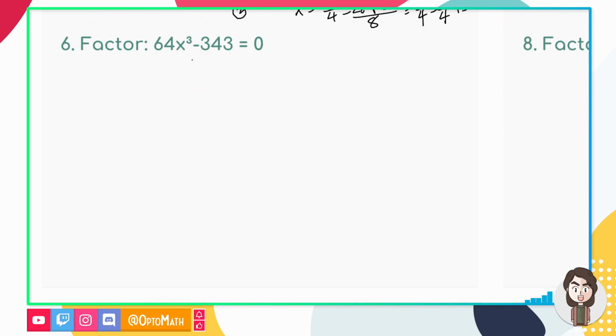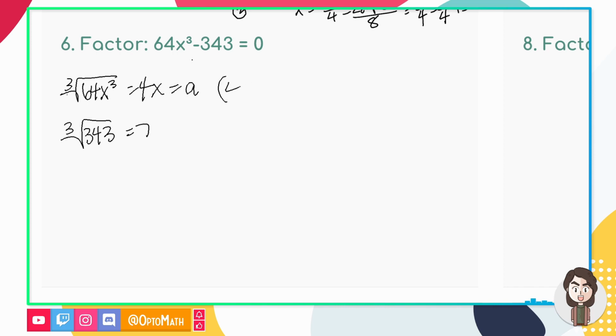Let's factor just one more difference of cubes. So the cube root of 64x cubed is 4x. That's our a. And the cube root of 343 is 7. So 4x, then we've got a 7.